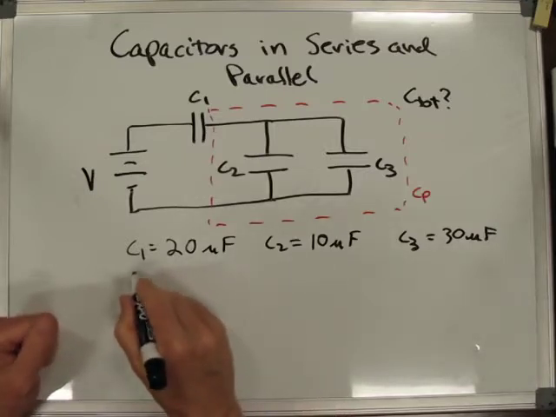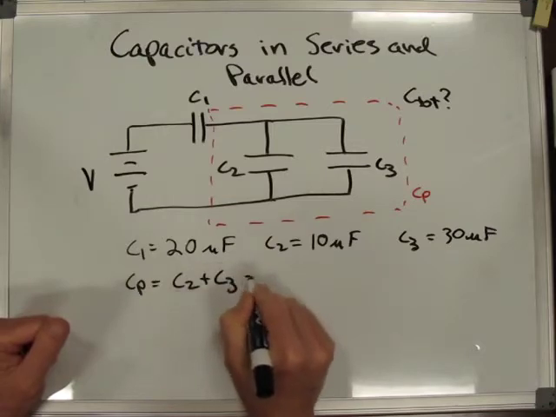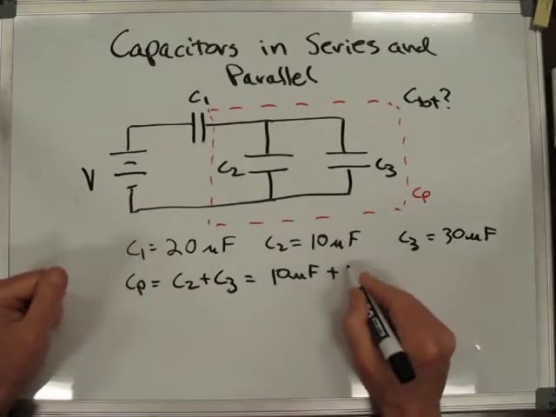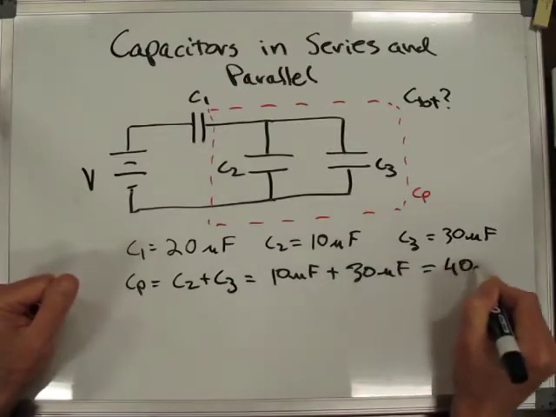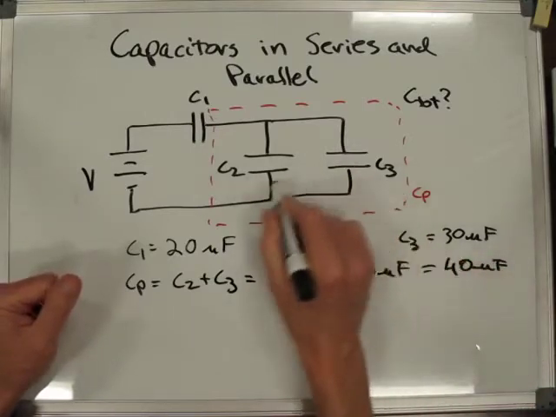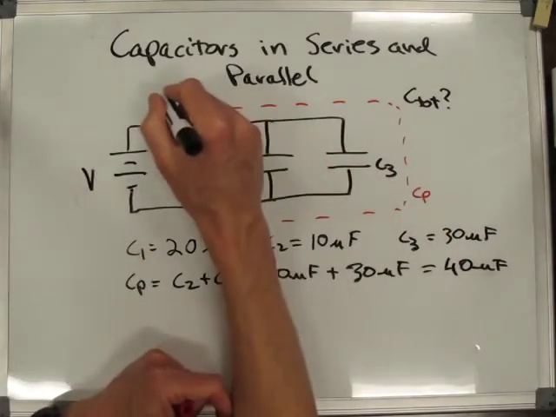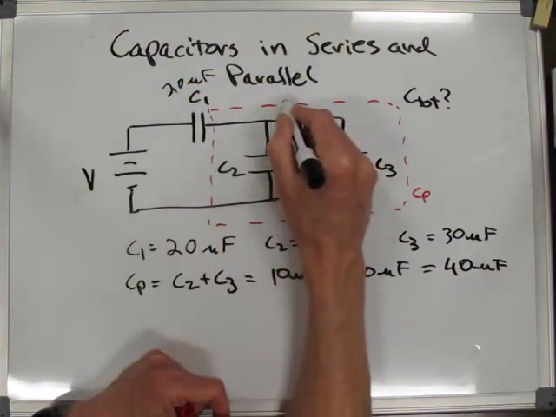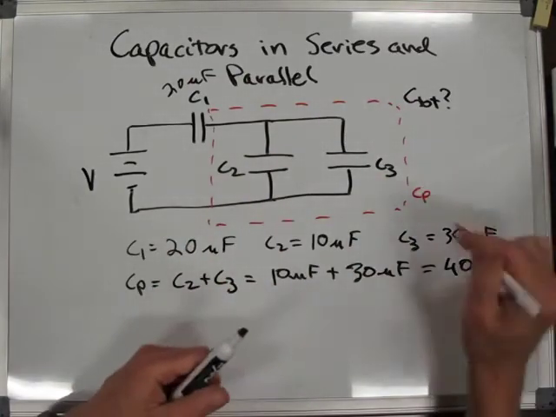Then C parallel is just C2 plus C3, which is 10 microfarads plus 30 microfarads, or 40 microfarads. So the combination of these two gives me a parallel capacitance of 40 microfarads. Now I have a 20 microfarad capacitor in series with a 40 microfarad capacitor. Maybe I'll write that in red.